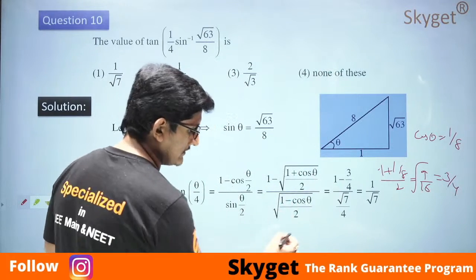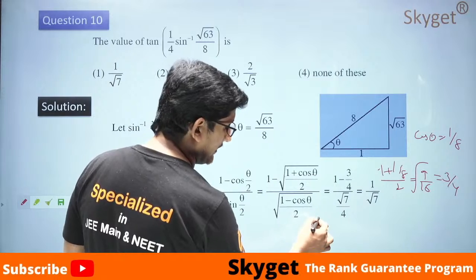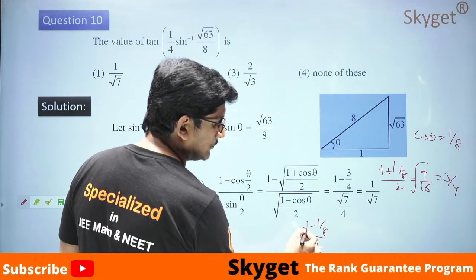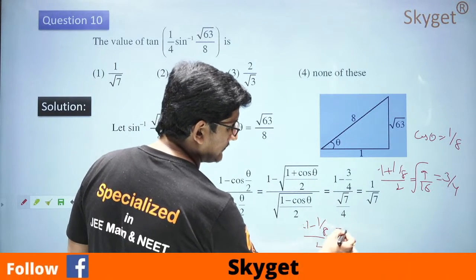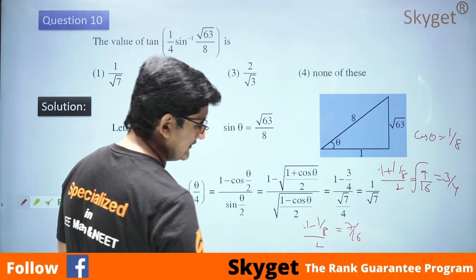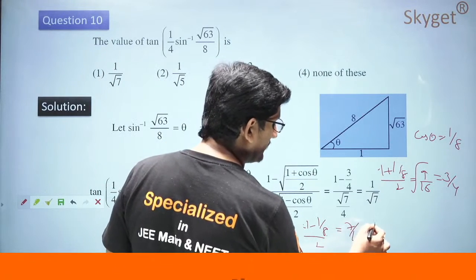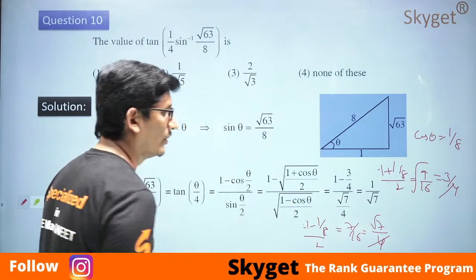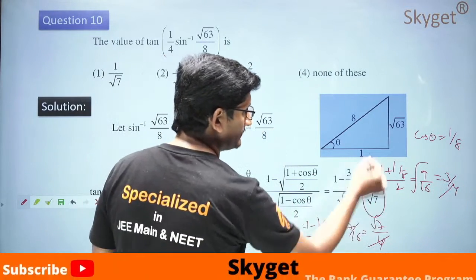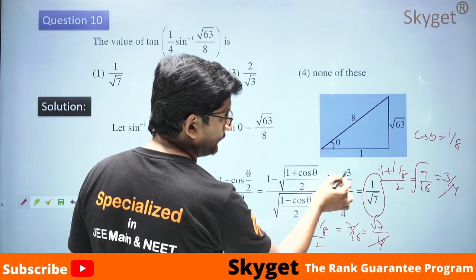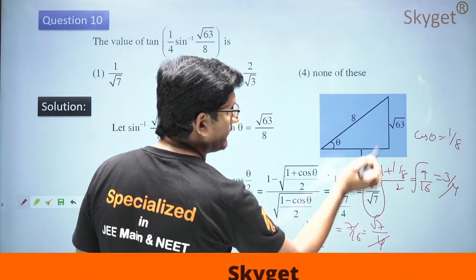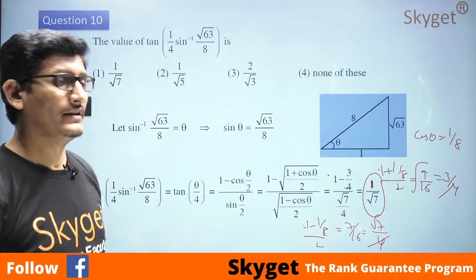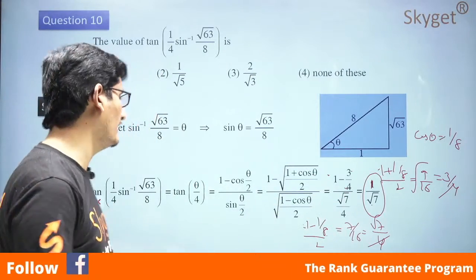Next, 1 minus cos theta by 2: 1 minus 1 by 8, by 2. 8 minus 1 is 7, so 7 by 16. So we get root 7 by square root of 16, which is 4. So 4 minus 3 is 1, and we get 1 by root 7. So 1 by root 7 is the answer.